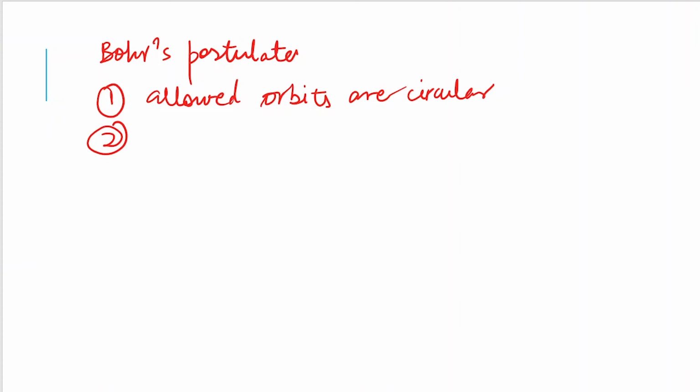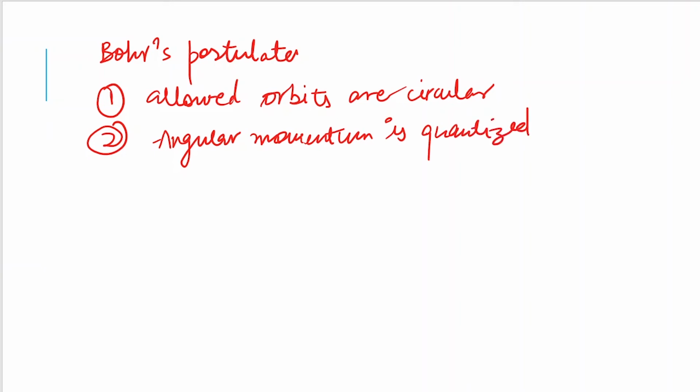Second, the angular momentum is quantized. So we can write this as m v r. It can take discrete values, so it is a multiple of h cross, so we can make use of this relation.